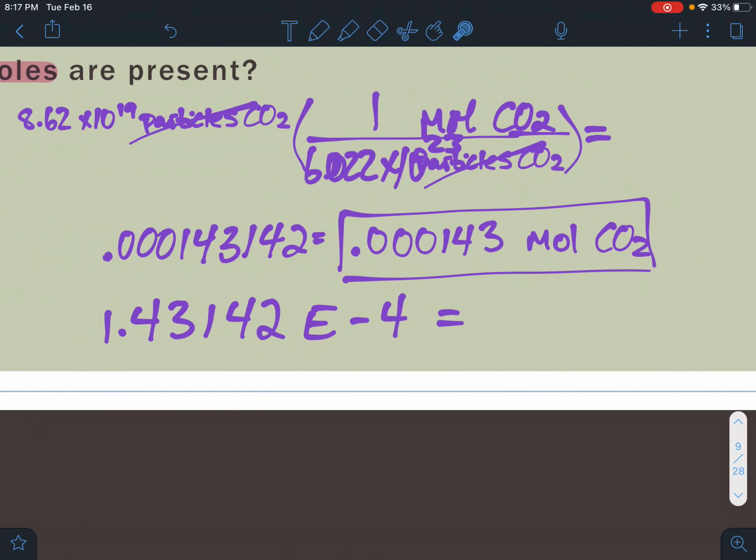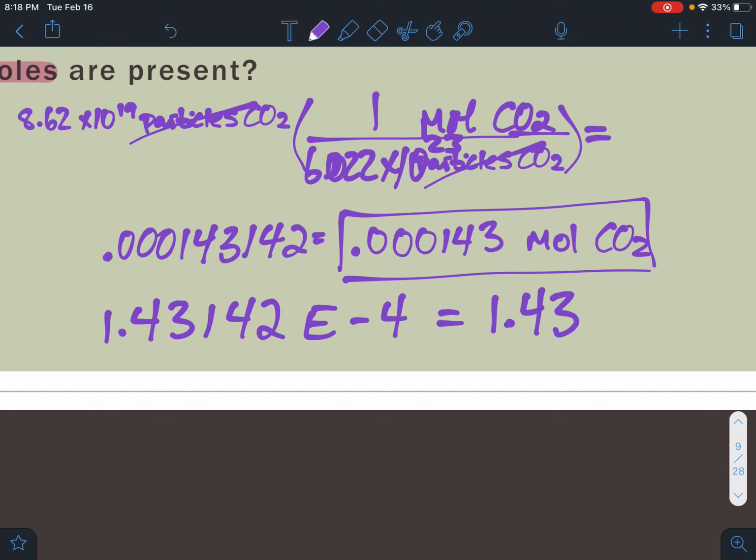But when you write your answer, we think about it in the same way. So we take a look at the first 3 sig figs, and you take a look at what comes after it and decide if it needs to round up or stay the same. In this case, because it's a 5 or lower after the 3, it's 1.43, and that 3 just stays the same.